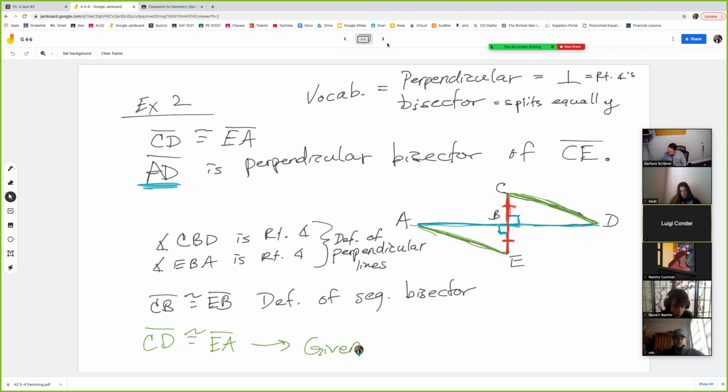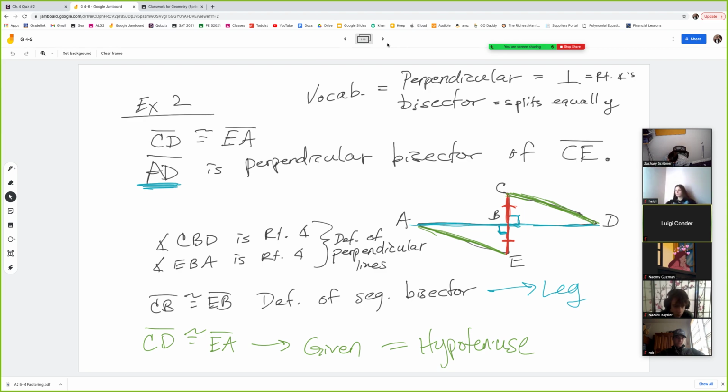So now we have a hypotenuse, and we have EB and CB, a leg. So we can say that the two triangles are congruent.